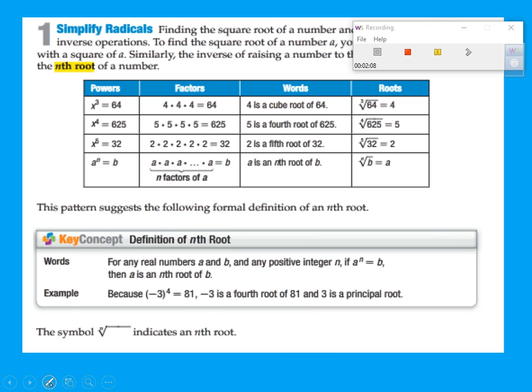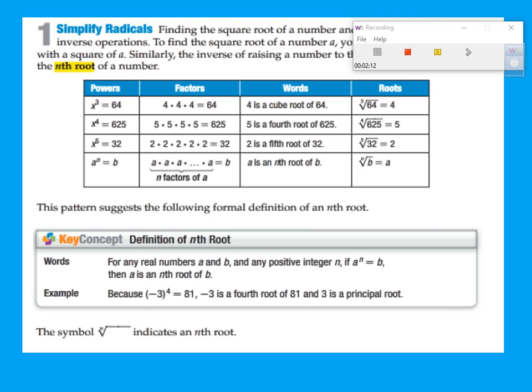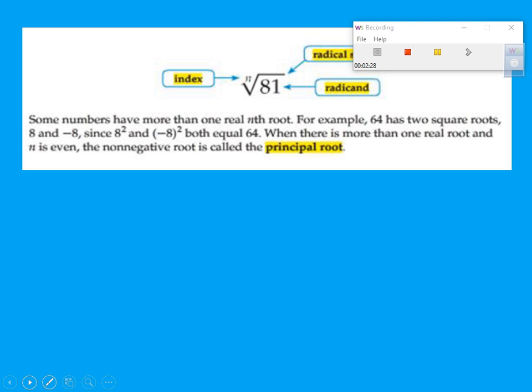What I want to do real fast, guys, is just kind of show you what's coming your way. We're going to work with radicals today. You're going to see some perfect cubes, some perfect fourths, maybe even a couple of perfect fifths. But concept-wise, you'll have it. I just want to point out a couple little things for notation.